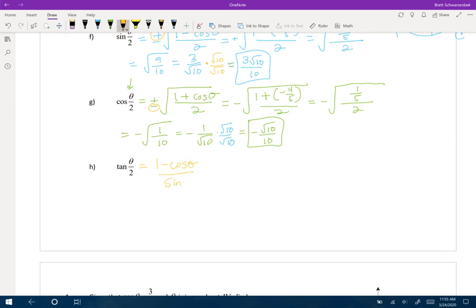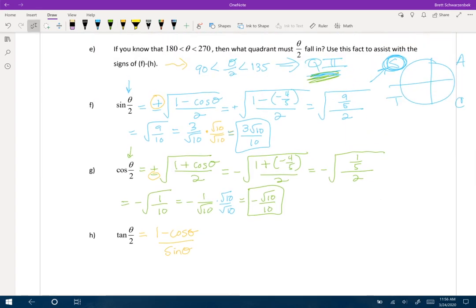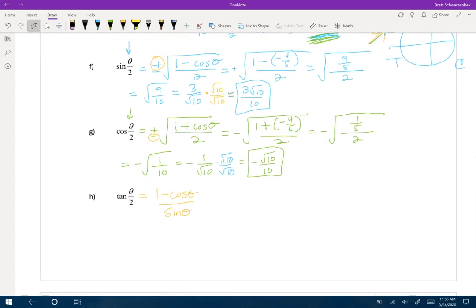There is no plus or minus, which means that we don't have to worry about that. With tangent of alpha over 2 or theta over 2, as long as we use this formula, the answer will take into effect whether it'll be positive or negative along the way. And worth noting, we already know the tangent is negative in quadrant 2, so we are going to get a negative answer, but the math is going to help us with that.